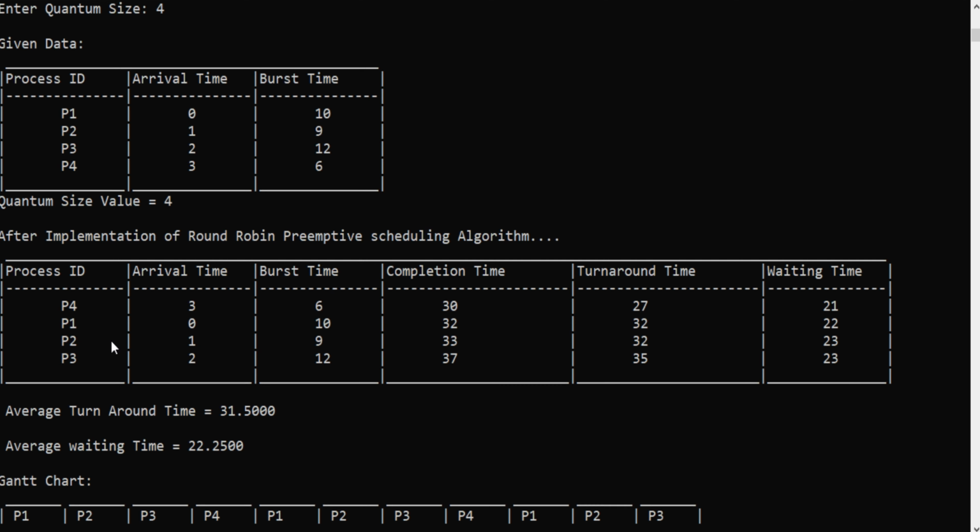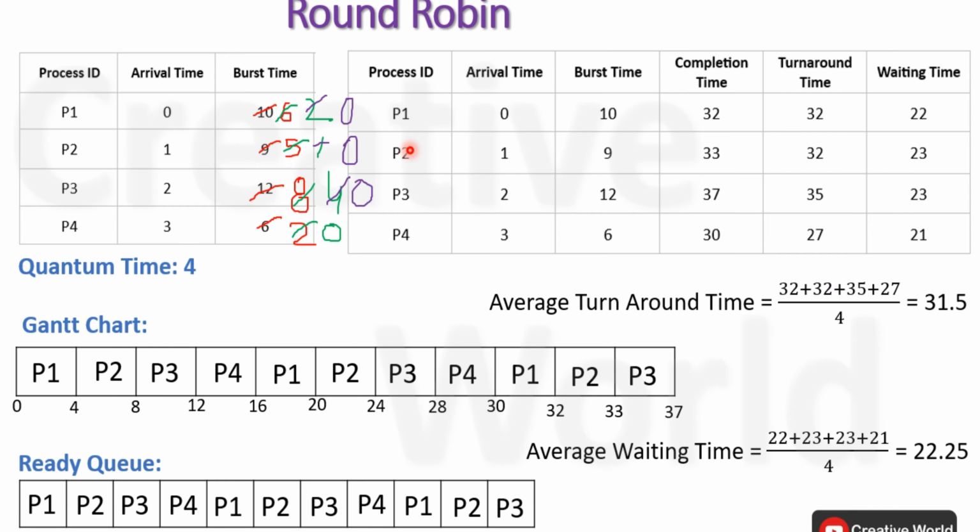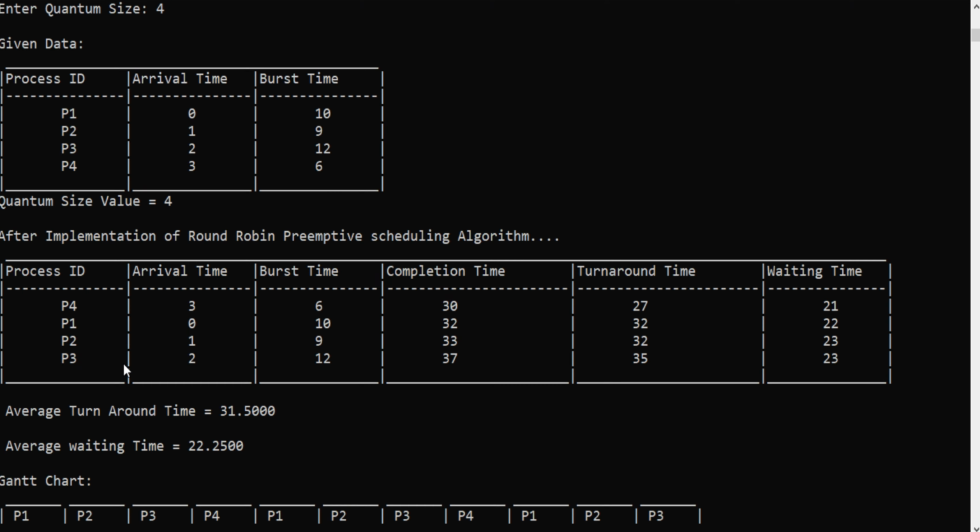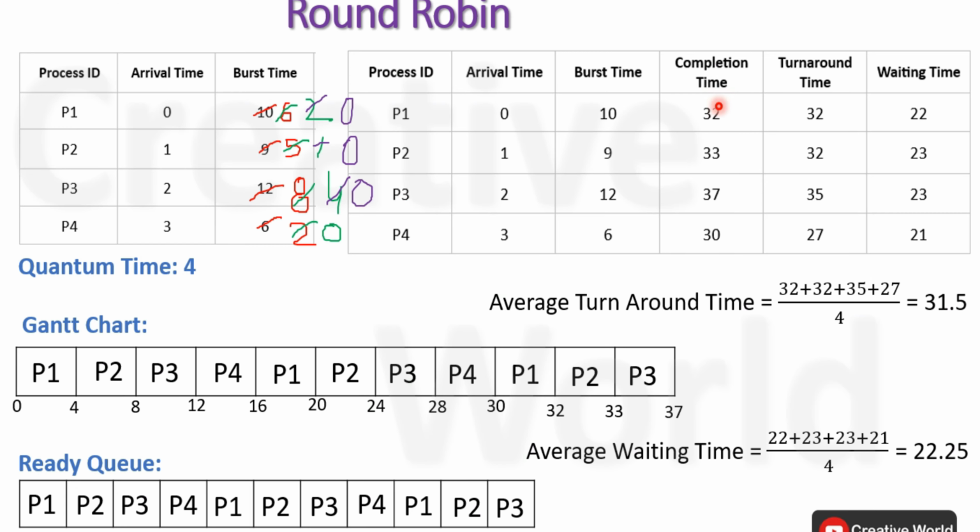Next, P2 completion time 33, turnaround time 32 and waiting time 23. And at the end, process P3 completion time 37, turnaround time 35 and waiting time 23.